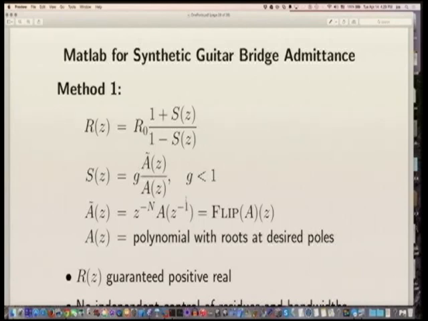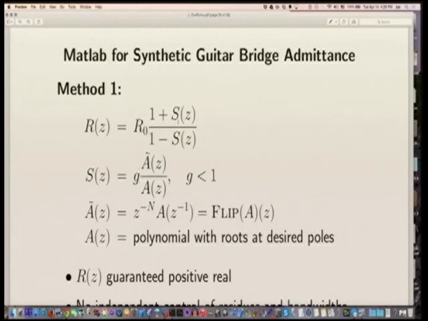So here's a way of ensuring that the impedance is positive real. We know that the reflectance is a Schur function, right? Well, solve for the impedance. So remember the reflectance, S, the Schur function, was R of Z minus R0 over R of Z plus R0. Well, solve that for R, and you get an expression in terms of the Schur function. It's easy to make a Schur function because it's just an all-pass that has a little extra attenuation.